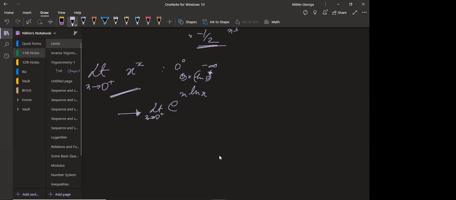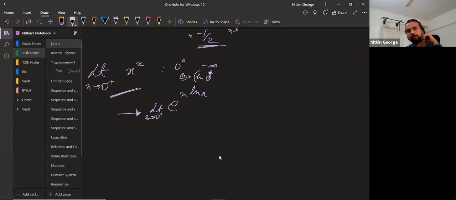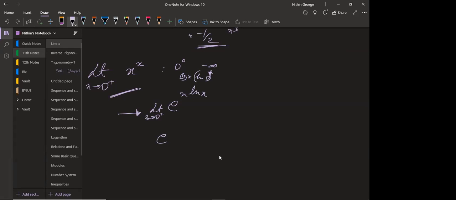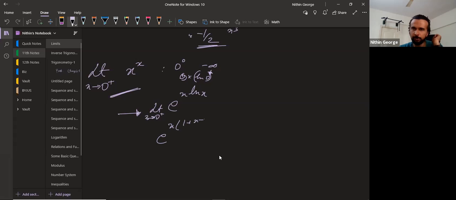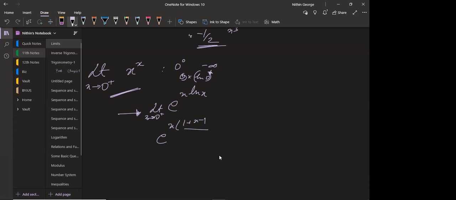Sir, this is determinate. e power x into 1 plus x minus 1 by x minus 1, into x minus 1. Something like that.